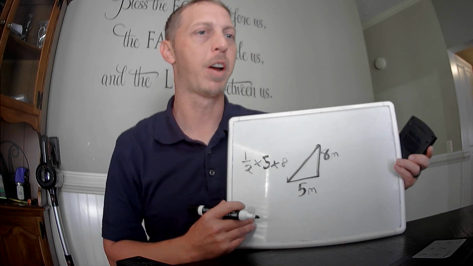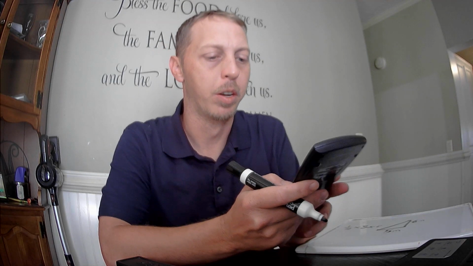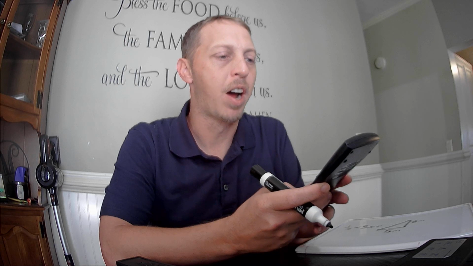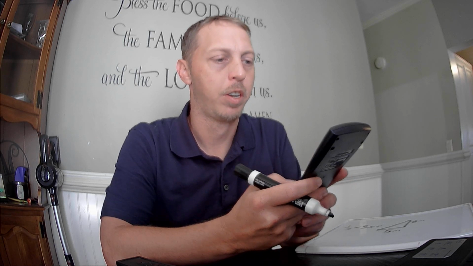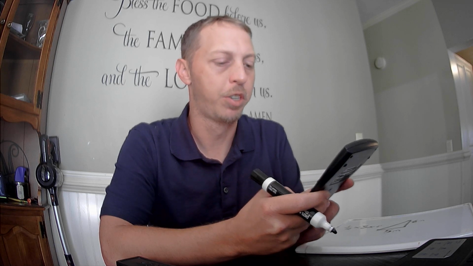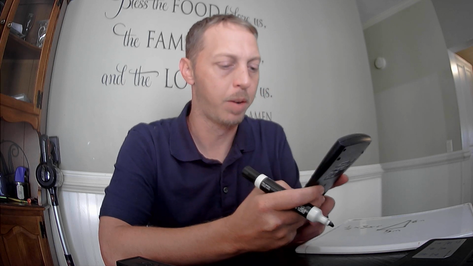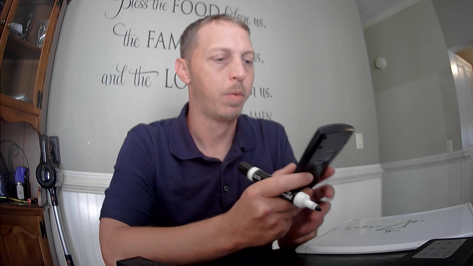Then we take out our calculator and plug in 0.5, because 0.5 is equal to 1/2. 0.5 times 5 times 8 ends up being 20.